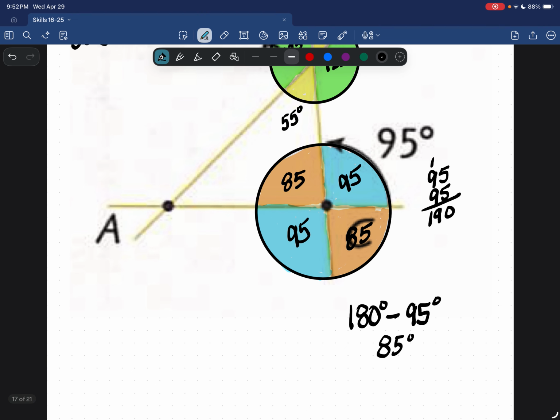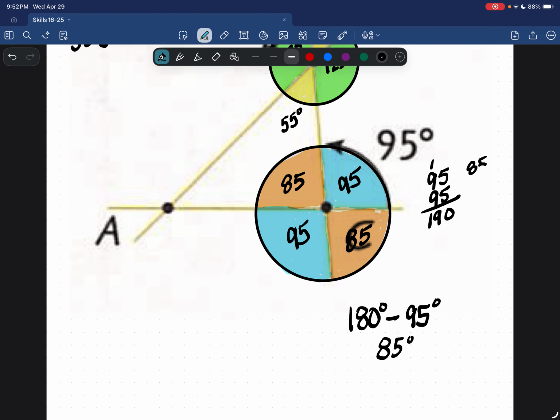Then 85 and 85. It's been a long day, guys. Sorry. That's 170. And you put those two together to get the 360. I'm not doing a very good job on this one, am I? So 360, that's full circle. That tells me that my math is right.